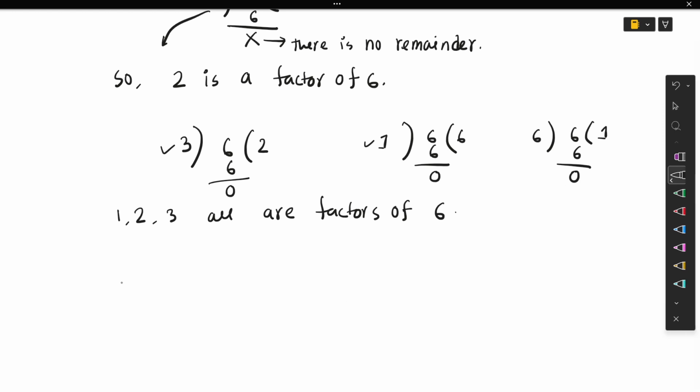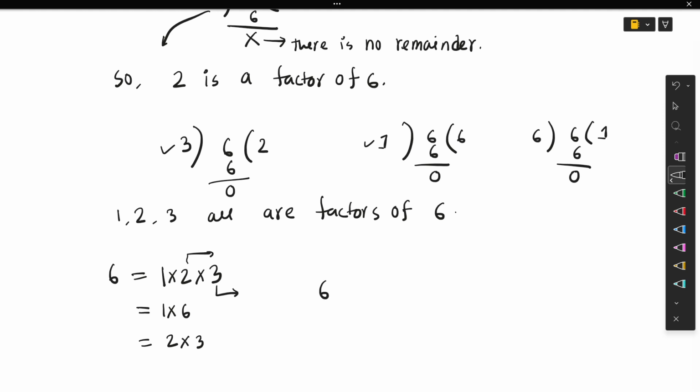So 6 can be written like this: 6 is equal to 1 times 2 times 3, and if you make some combination, we'll have 1 times 6 or 2 times 3. Here you cannot break 3 and 2 anymore.